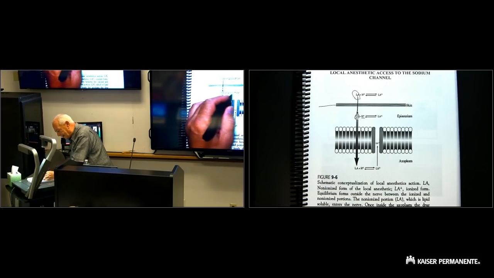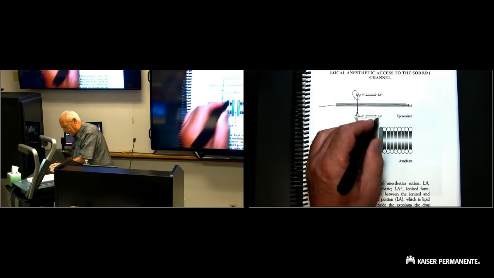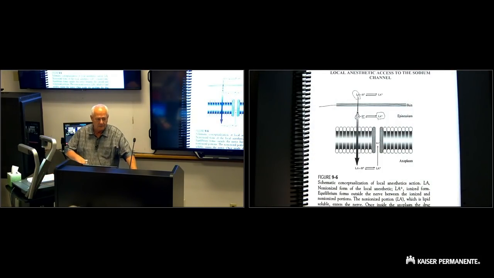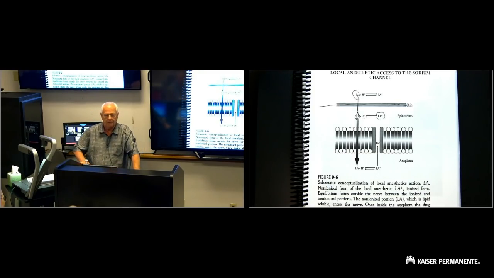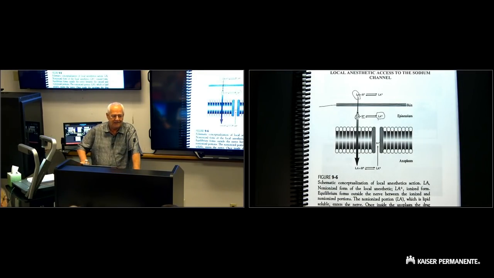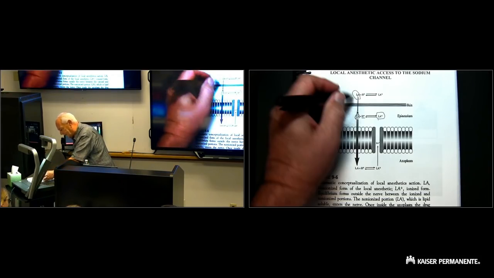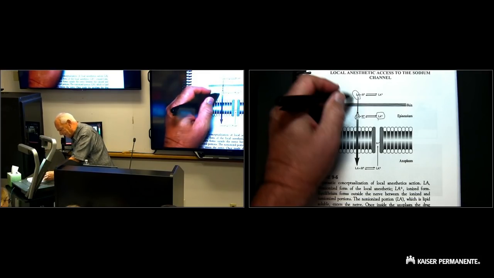And if they combine, you end up with LA+. That's ionized. The little plus is showing charge. So the local anesthetic can exist as both non-ionized LA and ionized LA+. Okay? So you took it in the syringe, you stuck it under the skin, you injected it.